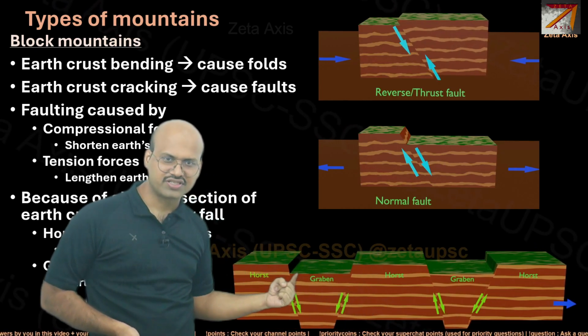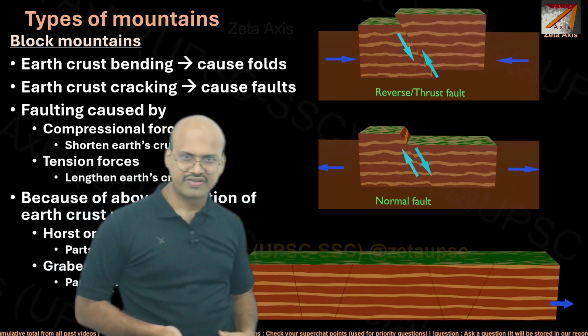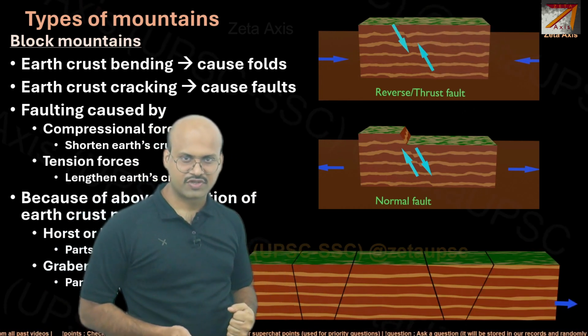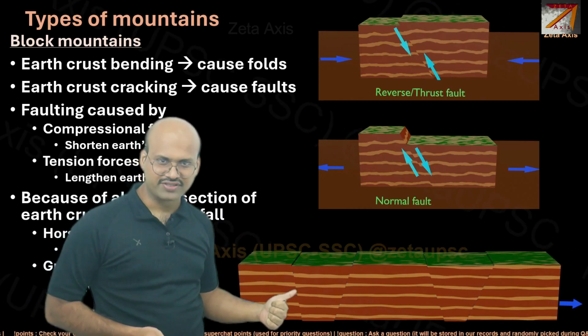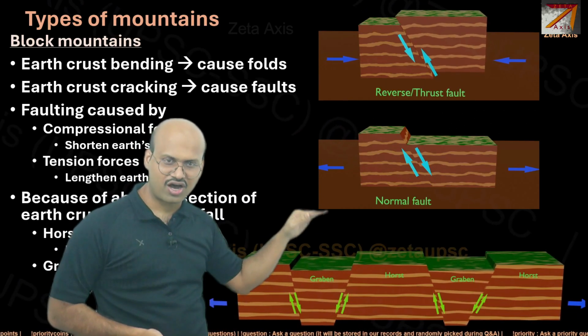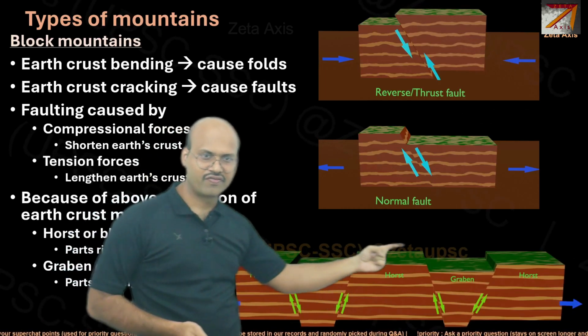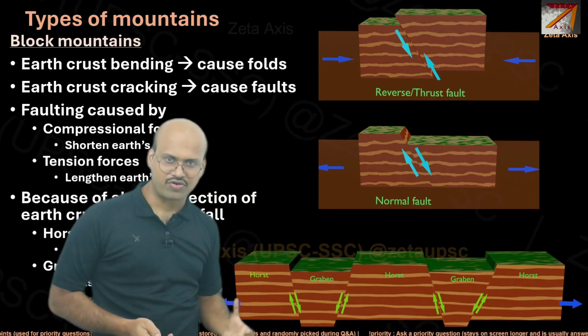We can see there are very steep slopes, and mountains are formed because of this kind of movement. Mountains where a part has gone downward and created valleys are called block mountains.